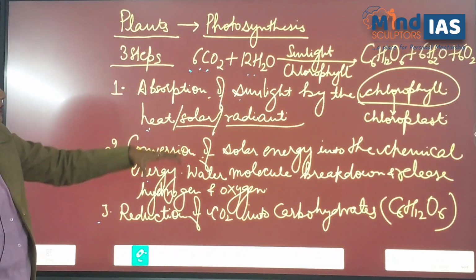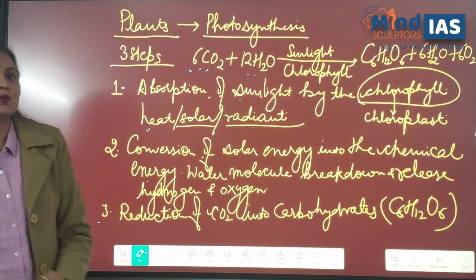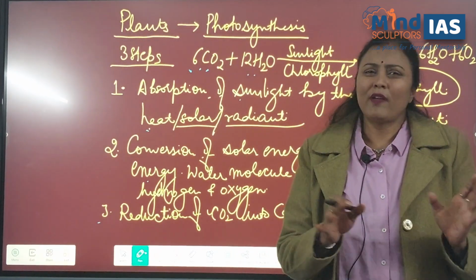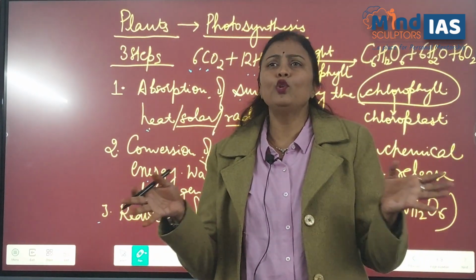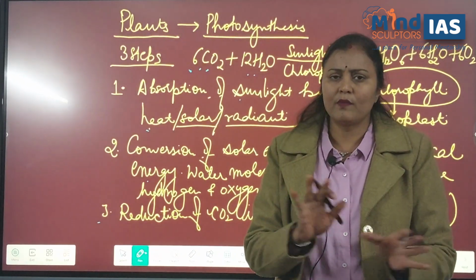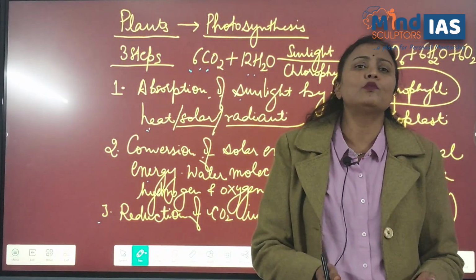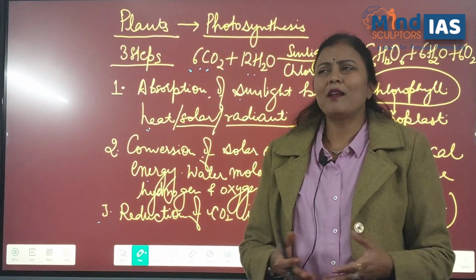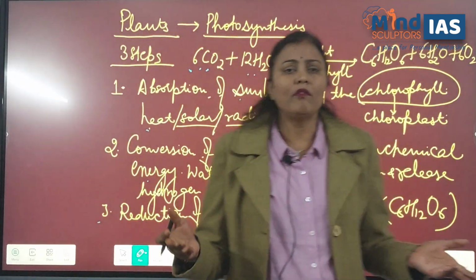So this is all about photosynthesis which is given in your NCERT. Now I think all of you have seen that no two human beings are exactly similar to each other. Similarly, plants are also not very similar to each other. You can see around yourself there are many different varieties of plants.